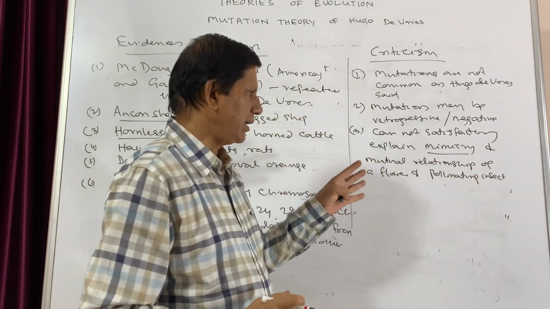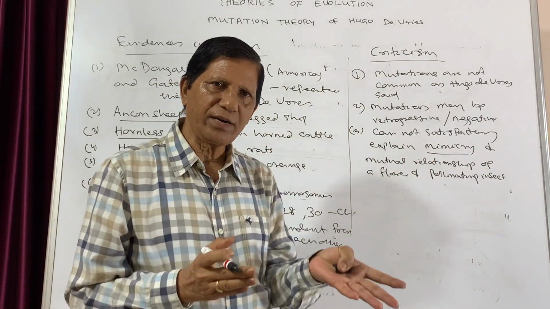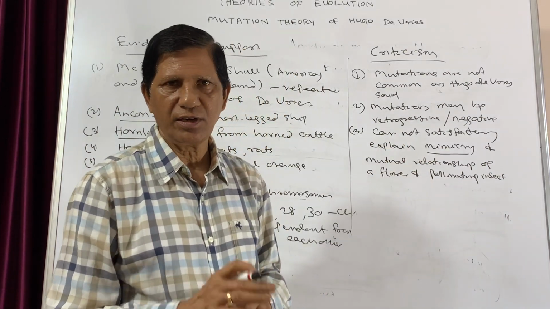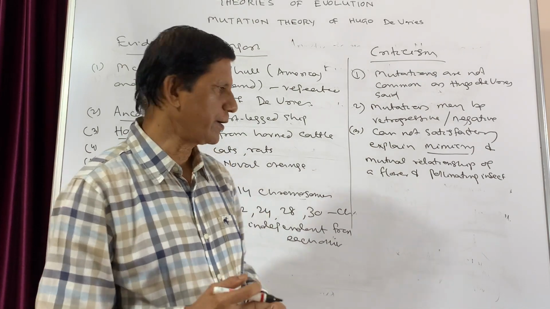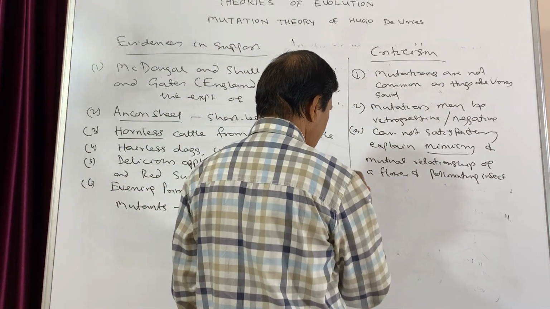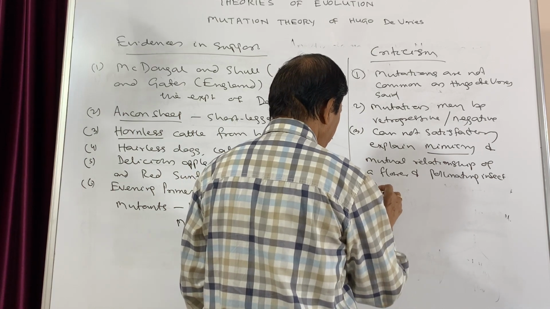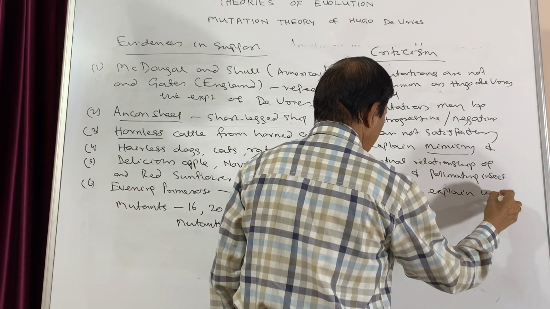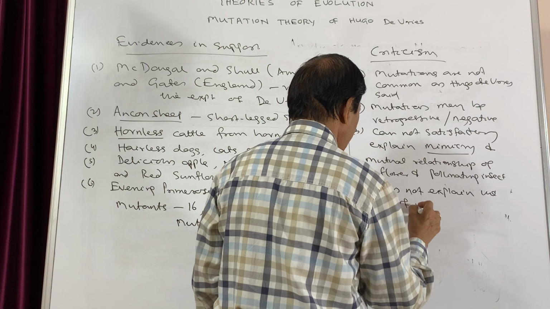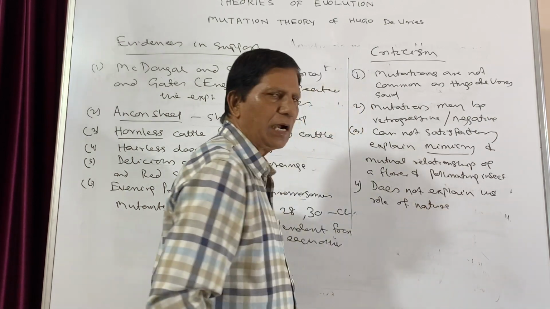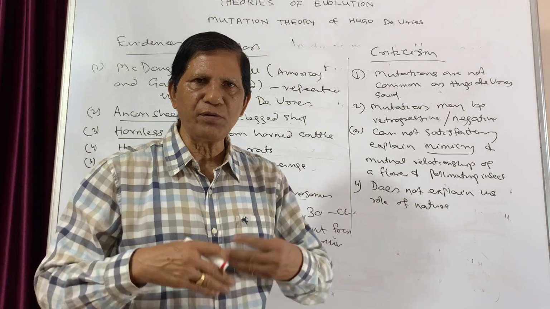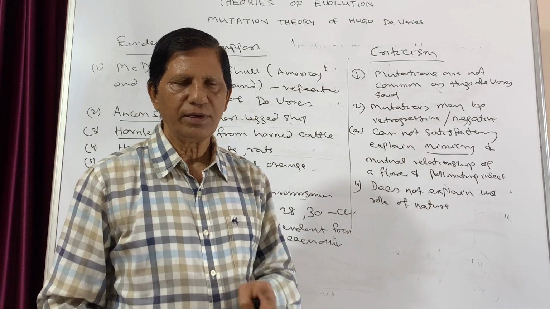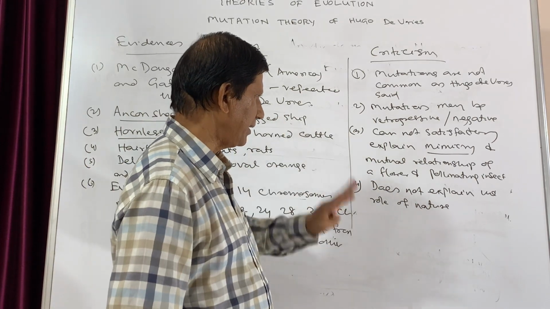How there is a relationship between the flower and the insect, and how or why the mimicry is taking place, this cannot be explained as a result of a mutation. And another criticism is it does not explain the role of nature. This is also a very important criticism. According to De Vries, only the mutation is responsible, but nature also plays a role. He didn't explain it. So these are the different criticisms.